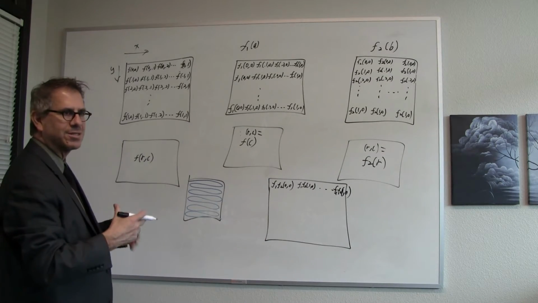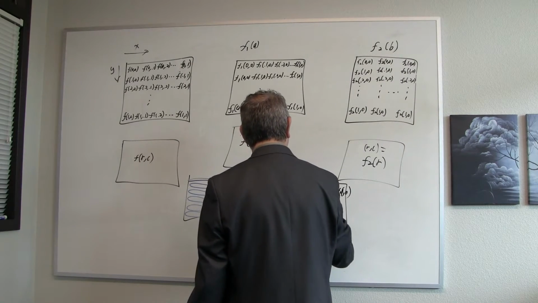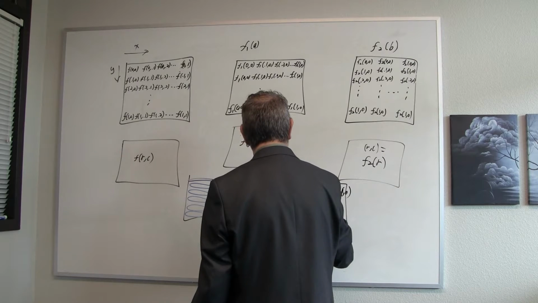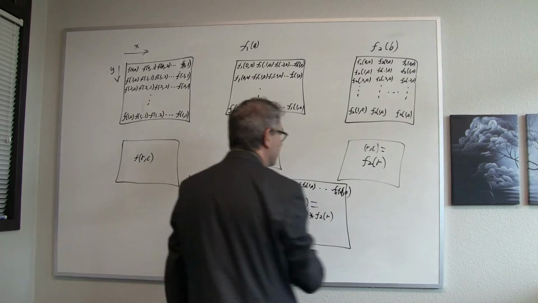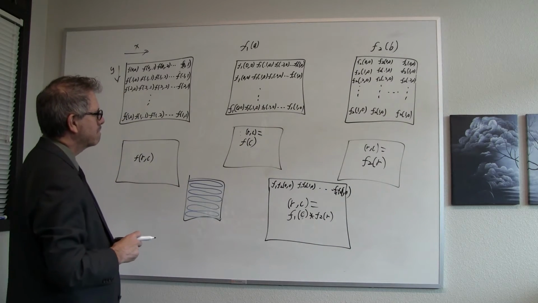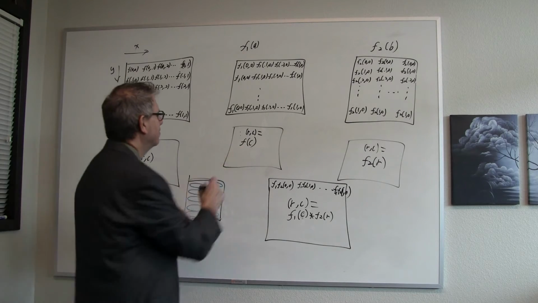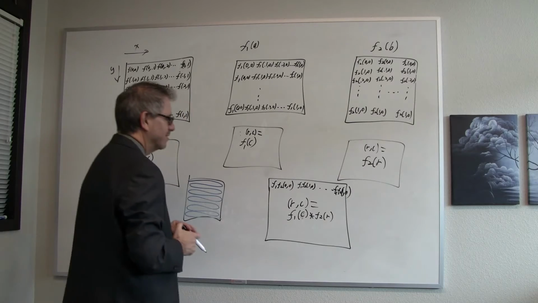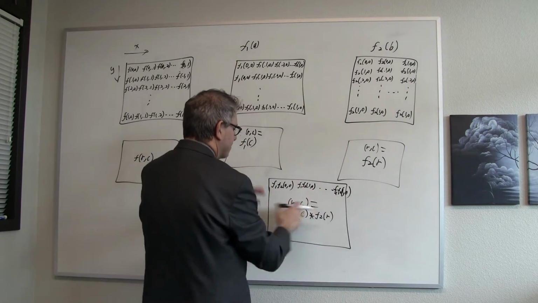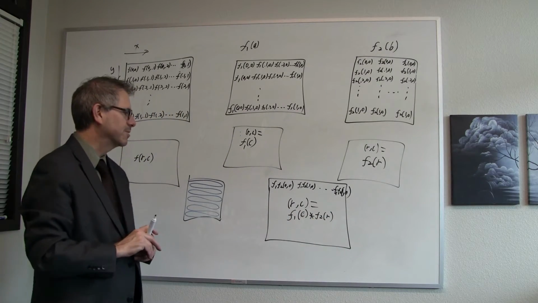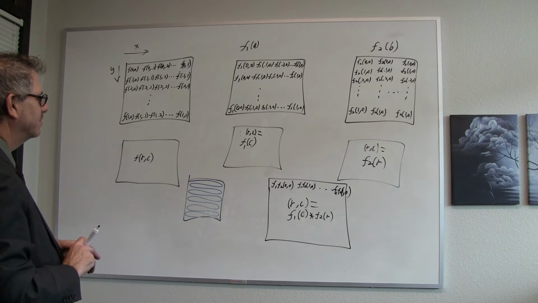And if you work through this on a bigger sheet of paper, what you'll find out is that at row, comma, column, what you've stored is f1 of column times f2 of row. Because at row, column, the value coming out of F1 will be F1 of C, and the value coming out of F2 will be F2 of R. And so we store this multiplicative product at each position in here, and the value stored in a particular row and column is given by that product of F1 and F2.